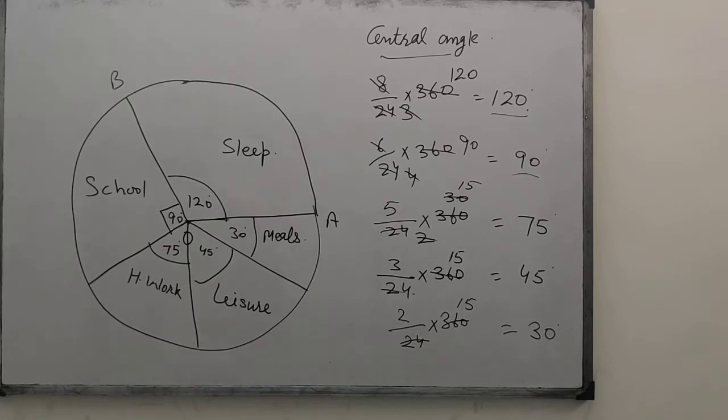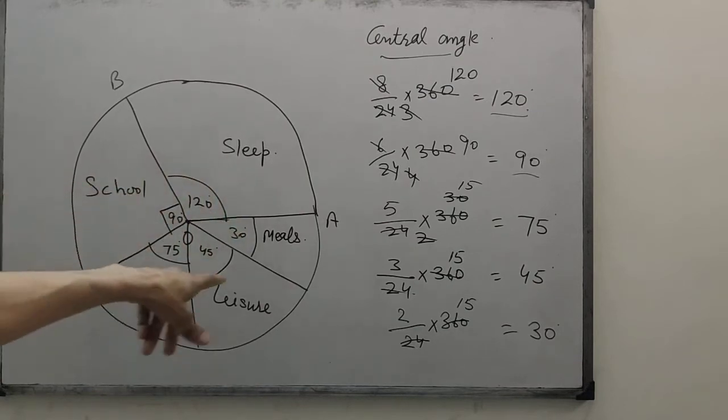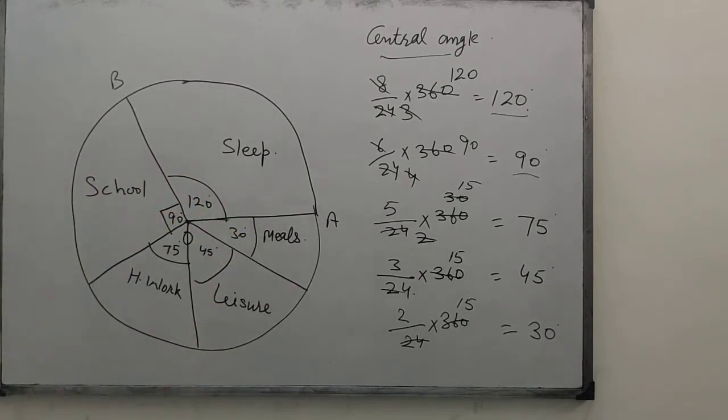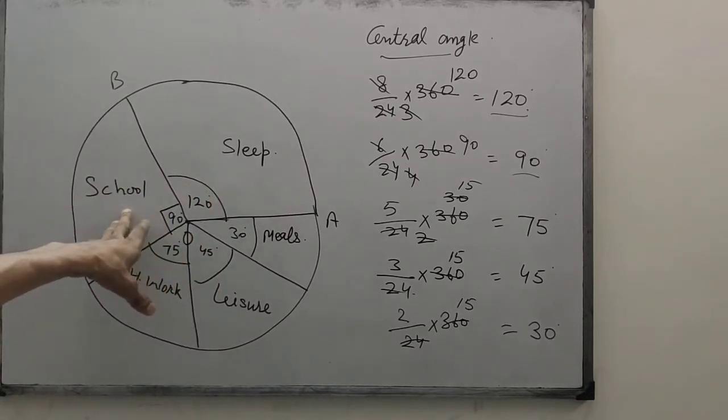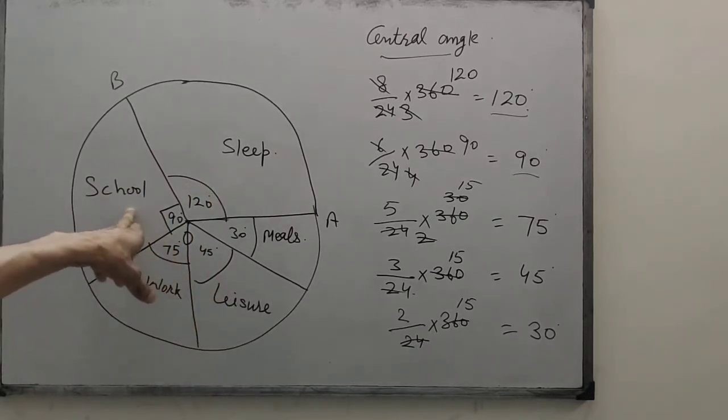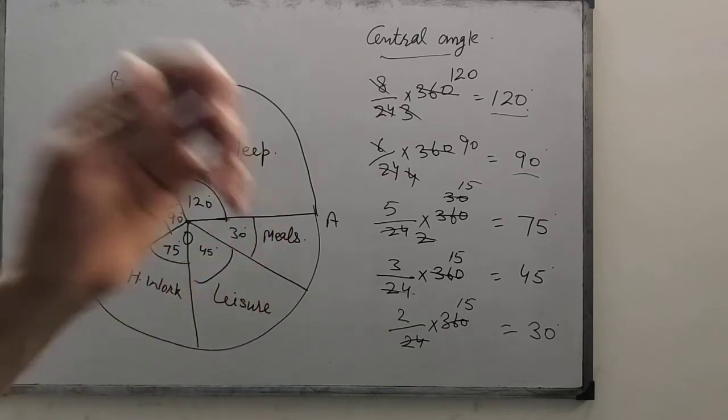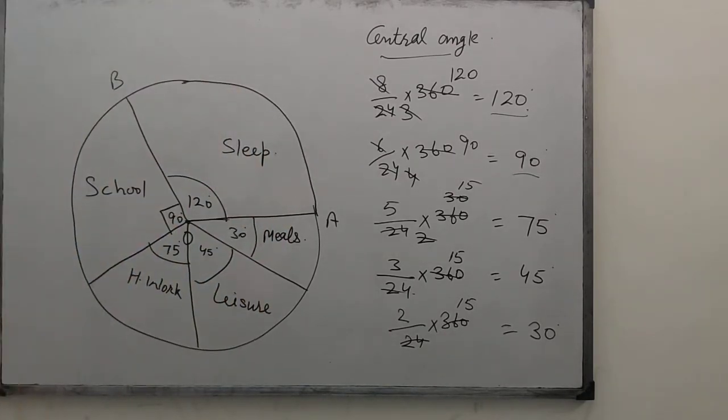So how will we answer, beta? You have to find the time spent in each part. How much more time is used in sleeping than school? What is the difference of time used in leisure and school? And what fraction of time is used in school? That is 90 by 360.